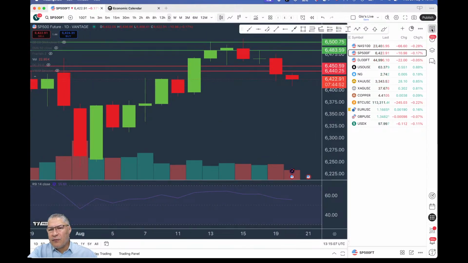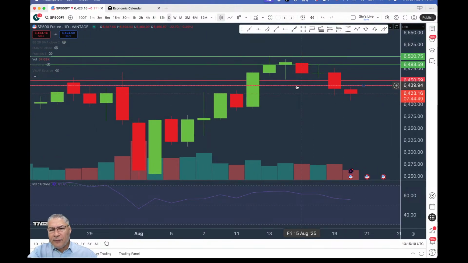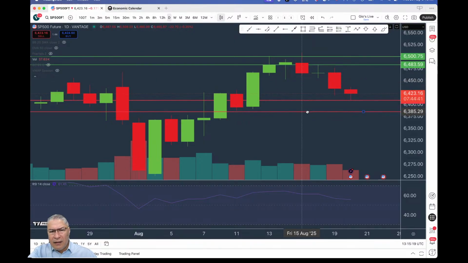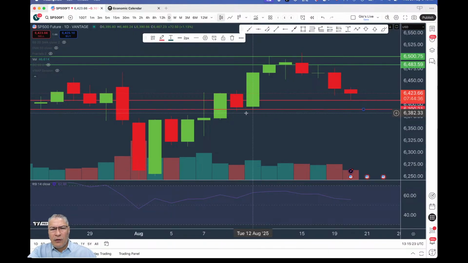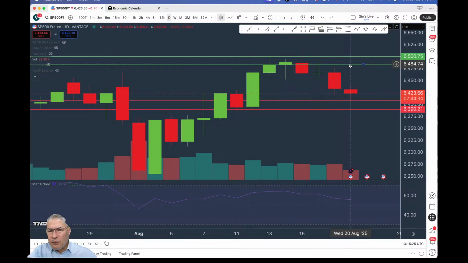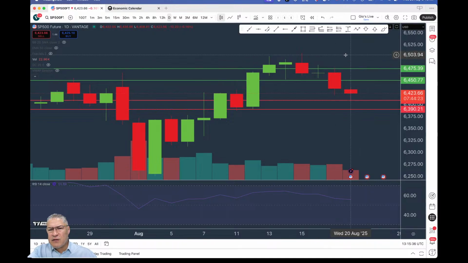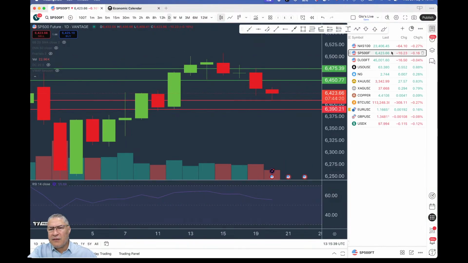Again, for the indexes, I'm going to be using today's so far London session swing lows, and then from there, looking for other swing lows as a possible level of support. 6450 is a psychological level that has been there before, and basically yesterday's swing high for the S&P.